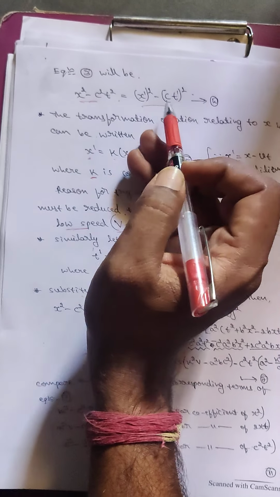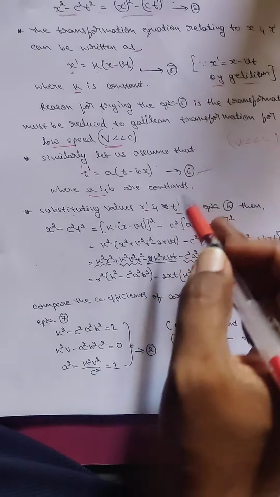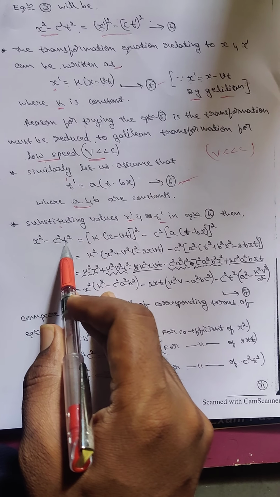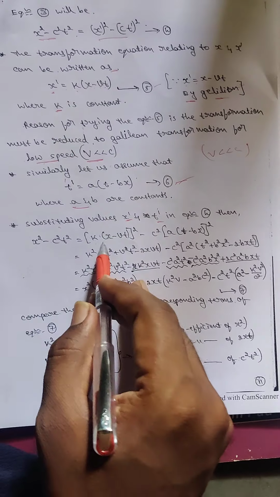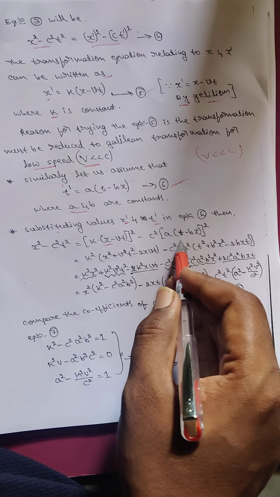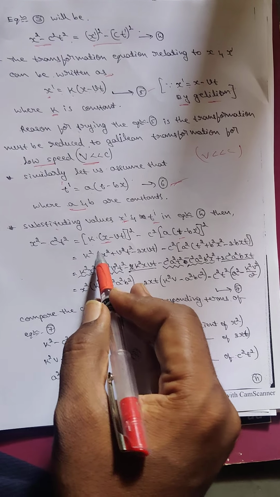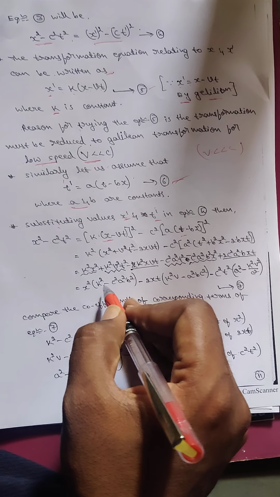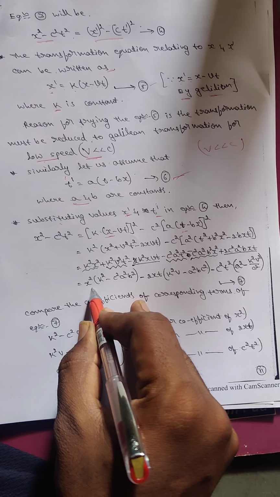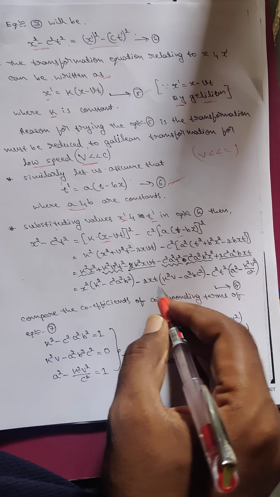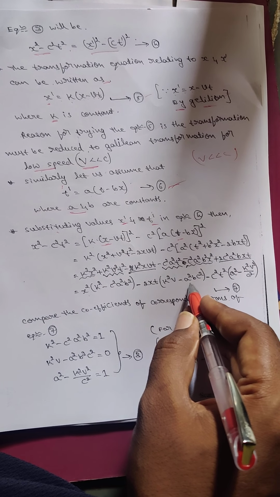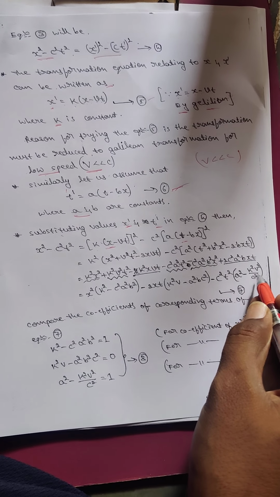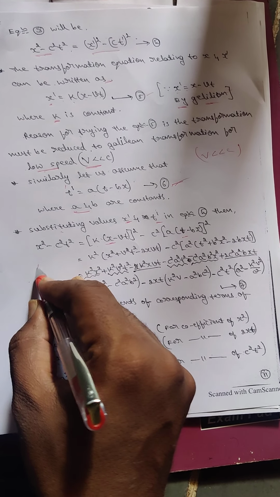So from 5 and 6, we get x square minus c square t square is equal to k times the value of x dash, and here is the value of t dash, multiplied like that, and after simplification we get x square into k square minus c square a square b square, minus 2xt into k square b minus a square b c square, minus c square t square into a square minus k square b square divided by c square. These are the mathematical steps.